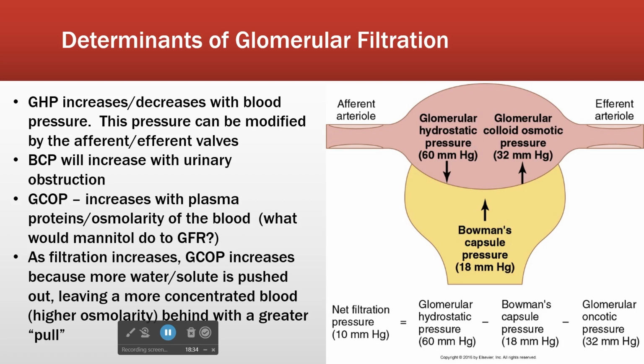So I ask a question: what would mannitol do? You probably don't know what mannitol is. Mannitol is a sugar that isn't absorbed into the body. So it basically acts like an osmotic pull. It acts like protein, only it doesn't have any effect. So if we put mannitol into a patient, it has a tendency to increase the blood colloid osmotic pressure.